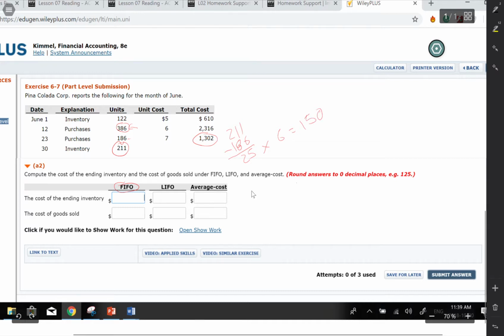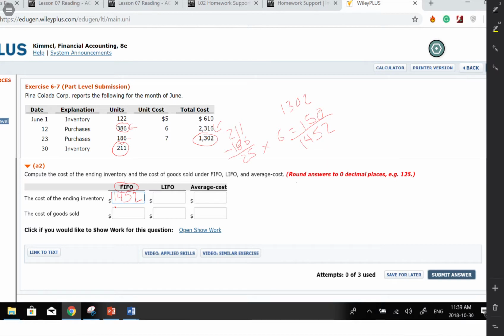By adding these two figures up, the 1,302 coming from over here and the $150 for the 25 units, that gives us a total of $1,452 as the cost of the ending inventory under FIFO rules.